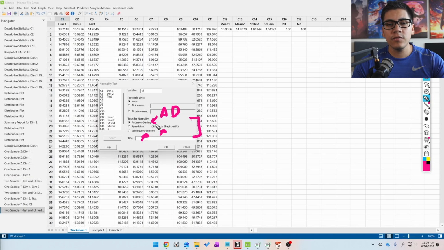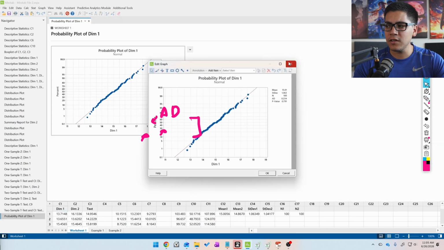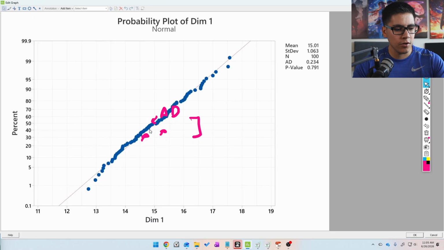On the other hand, if Anderson-Darling says the data is normal, then also Ryan-Joyner and Kolmogorov will both say that the data is normal. So there won't be that much of a difference. There is an academical reason why we have Anderson-Darling and the other tests, but as a general rule, always use Anderson-Darling. Now from here, we're just going to click here on the OK option, and we're going to get our Anderson-Darling test executed as shown here.